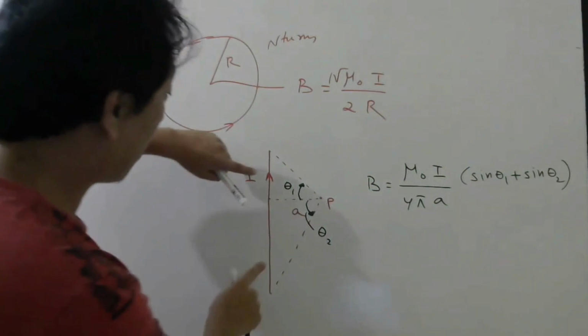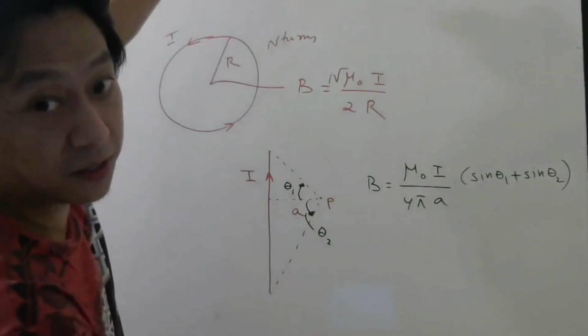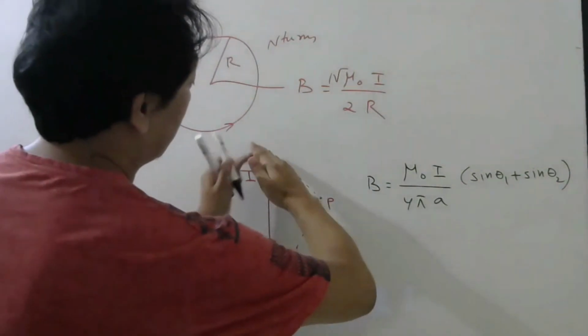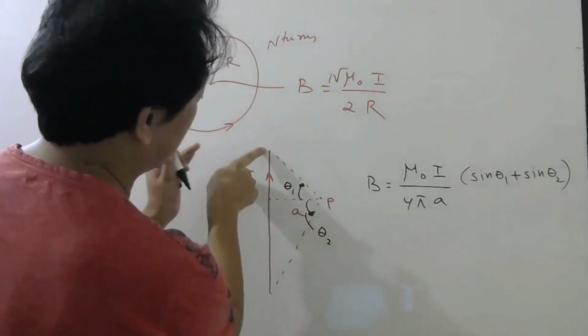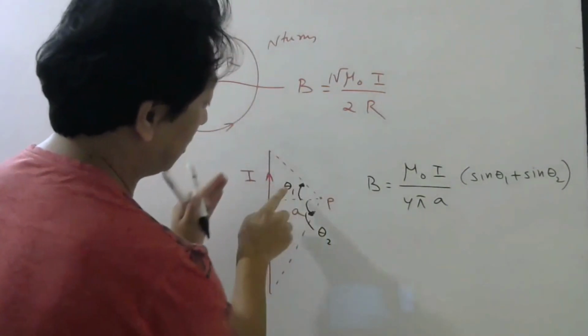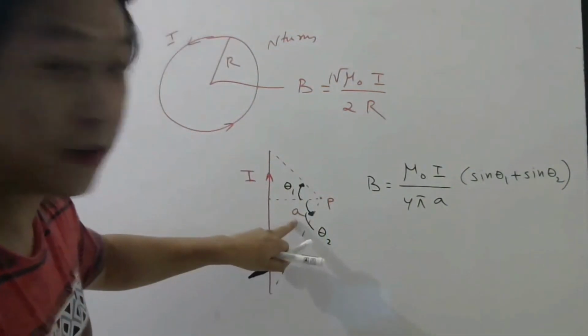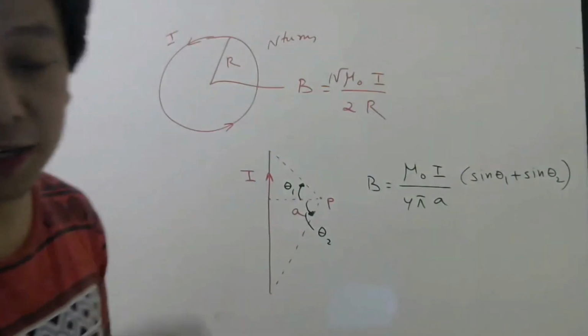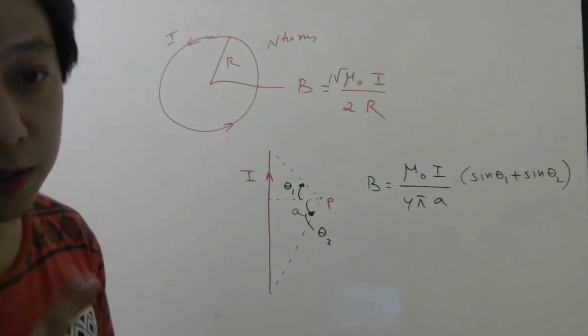What if the wire was infinite on both sides? Then this line will become parallel to this line, because this point will be at infinity. So this angle will be 90, and this angle will be 90. Put here 90, 90. You will get sine 90 plus sine 90, which is 1 plus 1, 2.